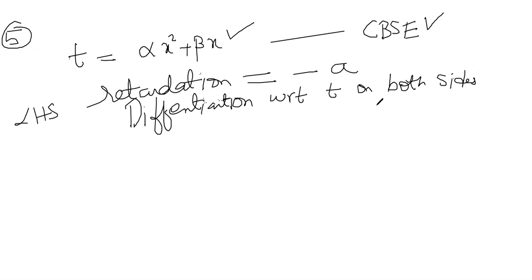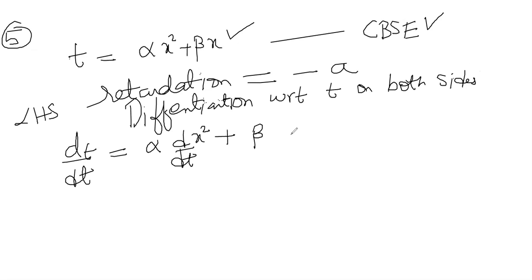Then what is going to happen? What we are going to get on the LHS is dt by dt. On the RHS, alpha d by dt of x square plus beta d by dt of x. Did you understand this step or not?